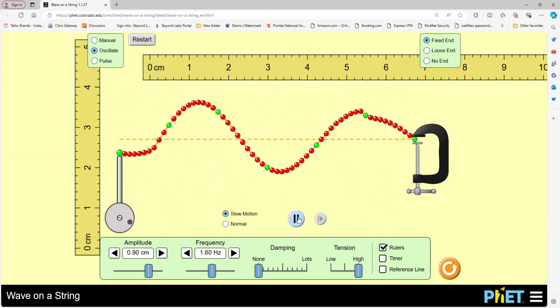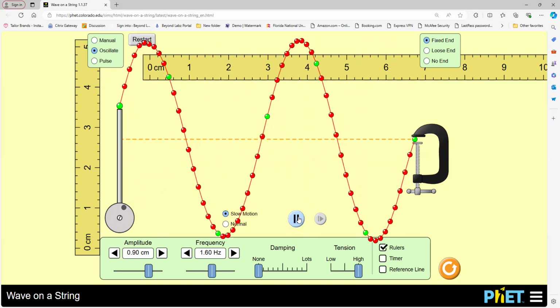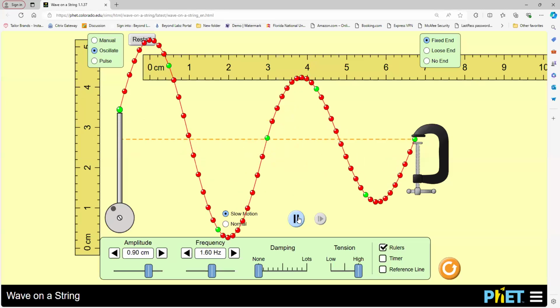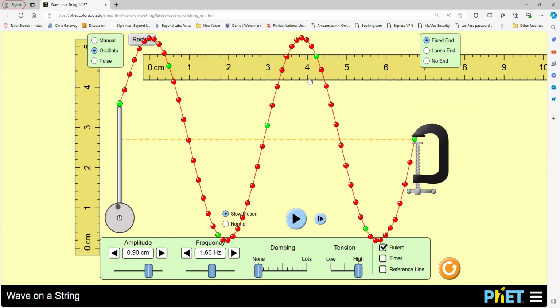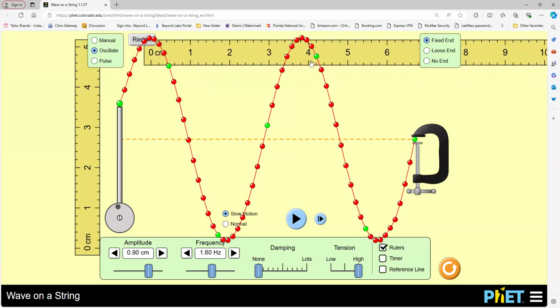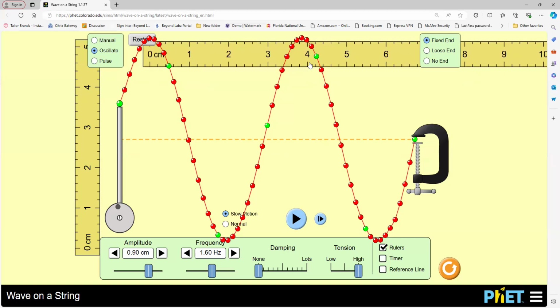Make sure to have a slow motion, if not, it will be very difficult. I will measure now the wavelength. And again, I got approximately 3.8, 3.9, right?